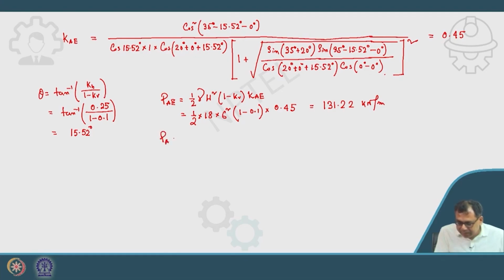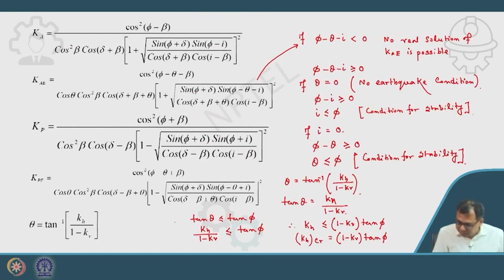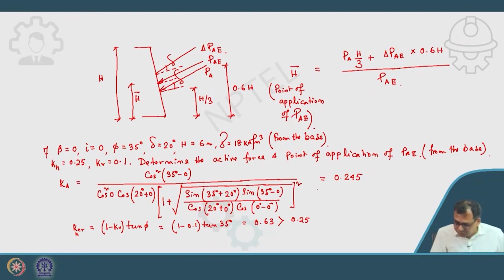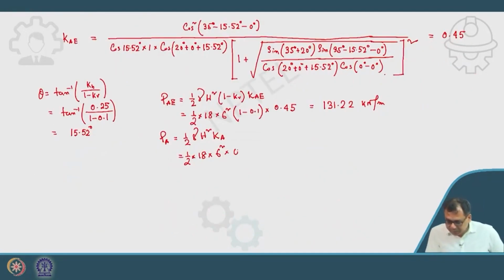Similarly, I can calculate PA, which is half gamma H square Ka. So half into 18 into 6 square into Ka is 0.245. Clear? So it is coming out to be 79.38 kilonewton per meter. So total is 131.22 kilonewton per meter.